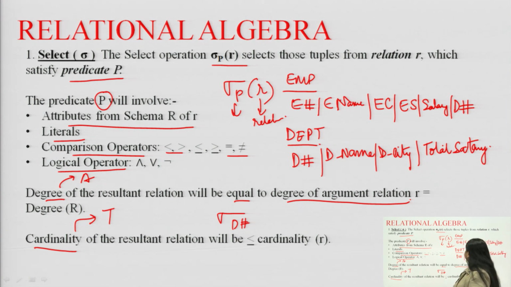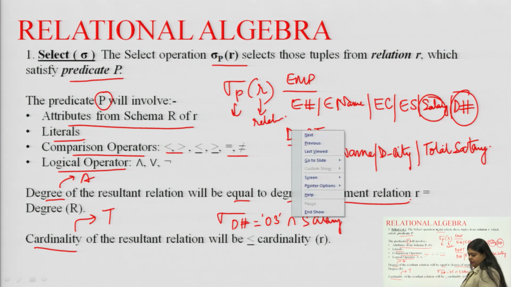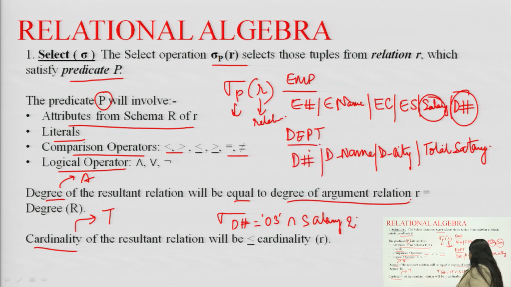So, we are using the department number of the employee equals 003, and salary is greater than 25,000, right.